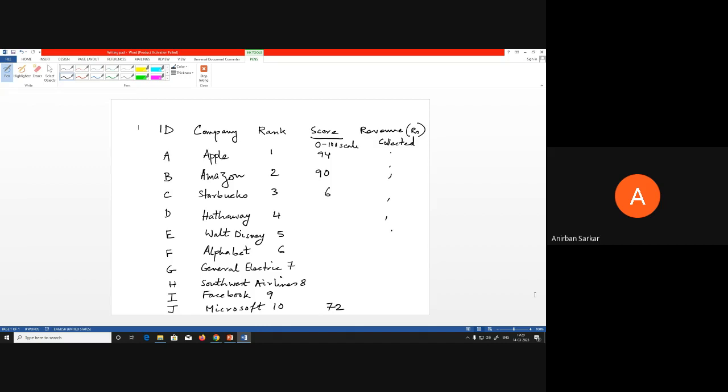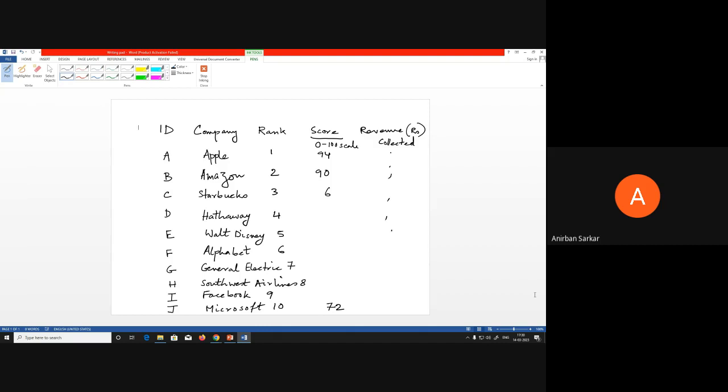Suppose you have scored on a 0 to 100 scale on the basis of 8 criteria. Say managing directors of companies in the US have given the score, and on the basis of the score we find that Rank 1 is Apple because they have got 94. Amazon is 2, they have got 90.